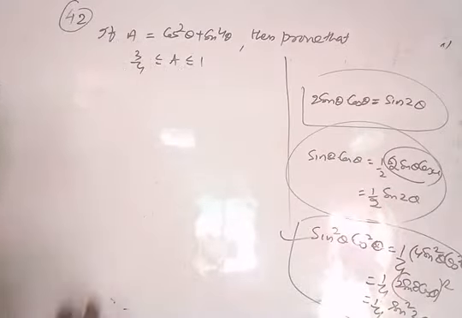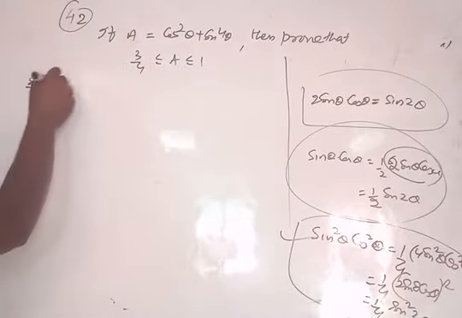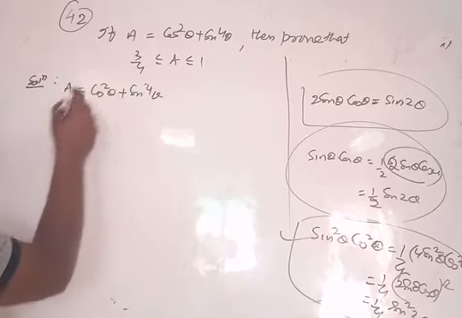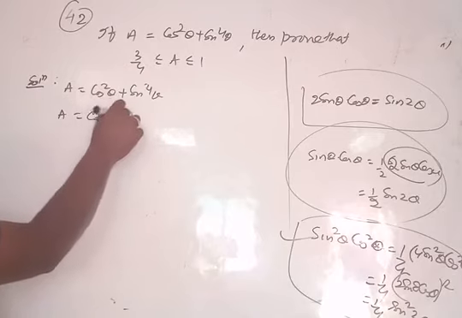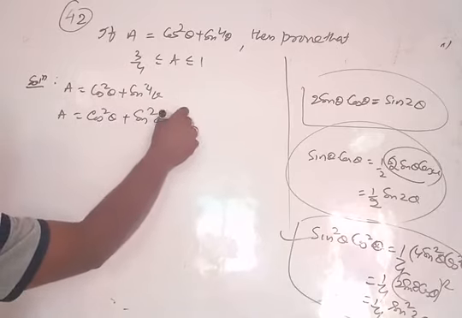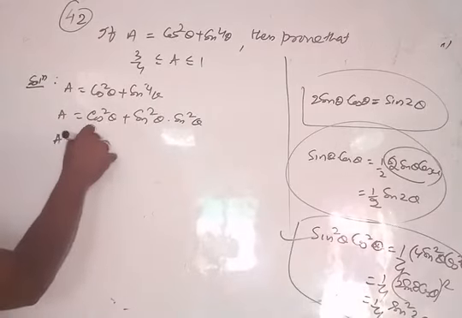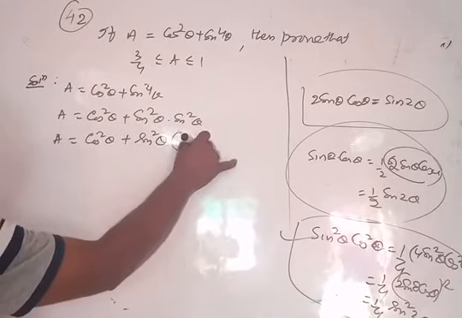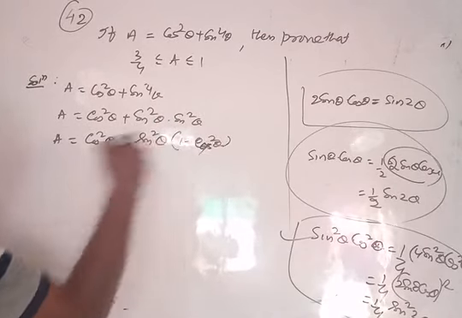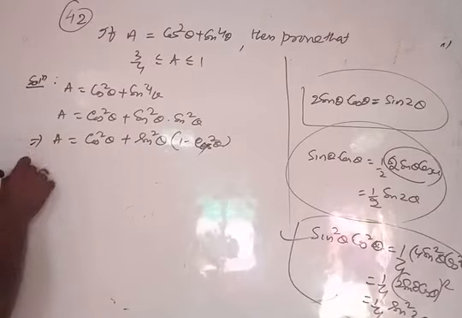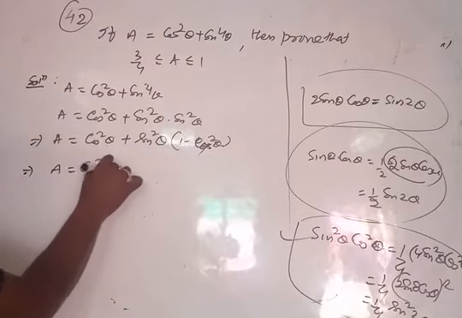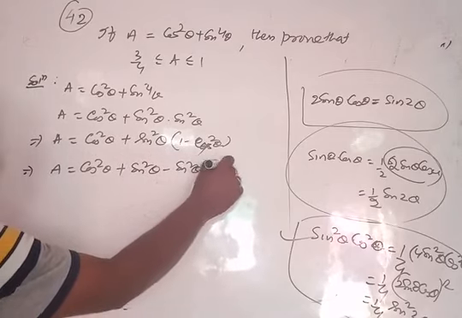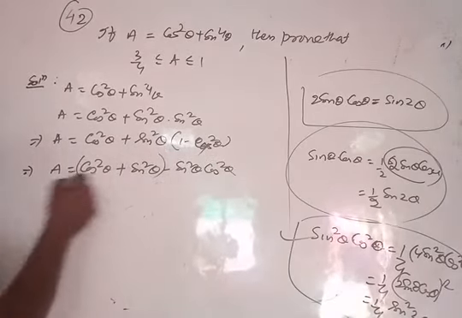Okay. So solution or proof: A is equal to cos square theta plus sin 4 theta. So A is equal to cos square theta plus sin square theta into sin square theta. So A is equal to cos square theta plus sin square theta into (1 minus cos square theta). This implies A is equal to cos square theta plus sin square theta minus sin square theta into cos square theta, and this is 1.